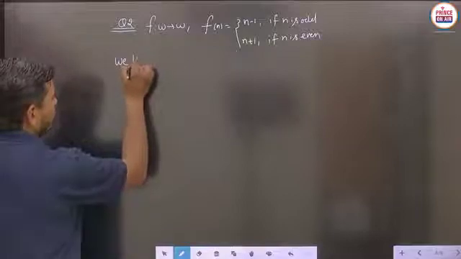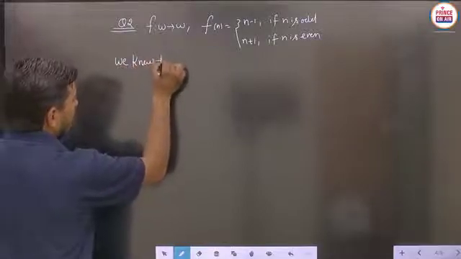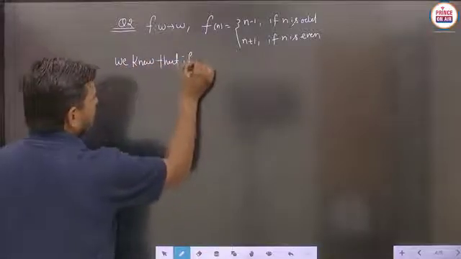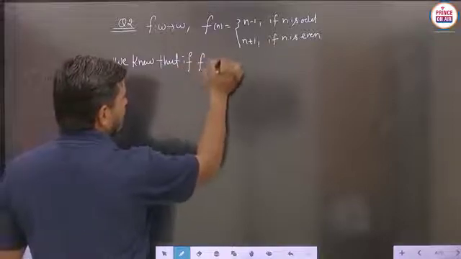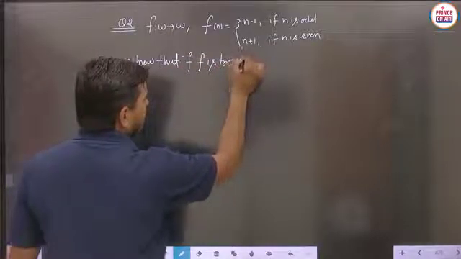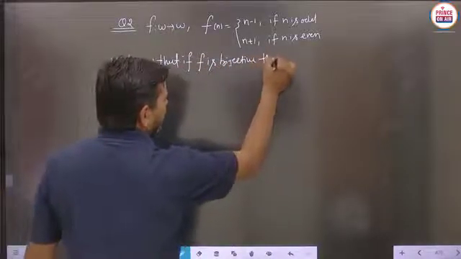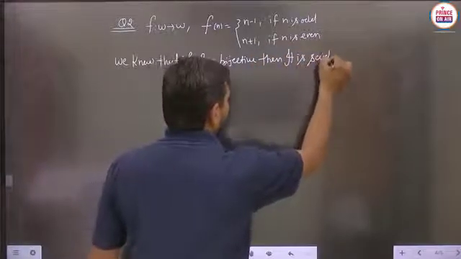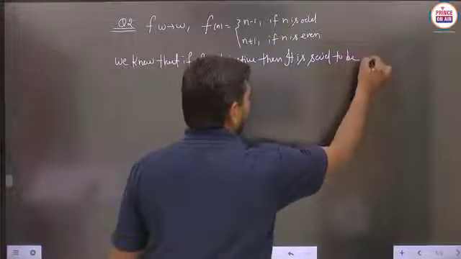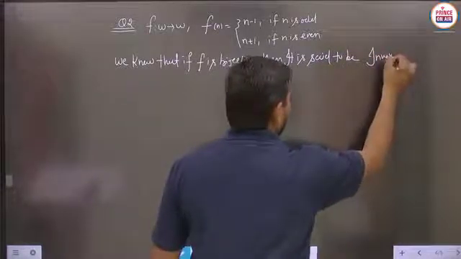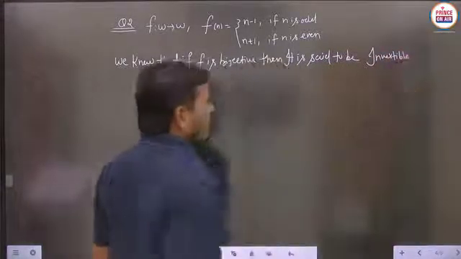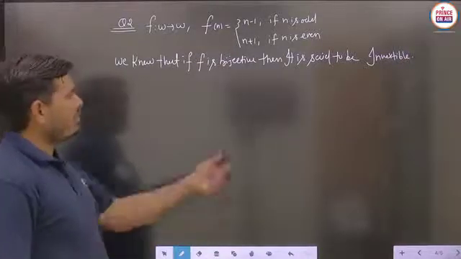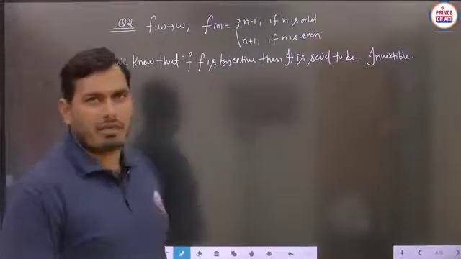We know that if f is bijective, then it is said to be invertible. So first of all, for invertibility, we have to check whether the given function is bijective or not.